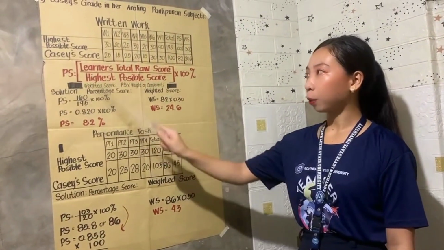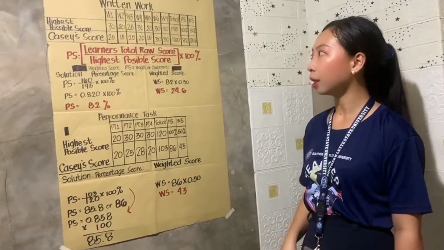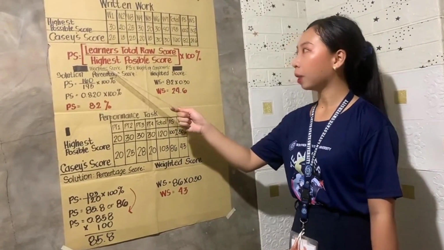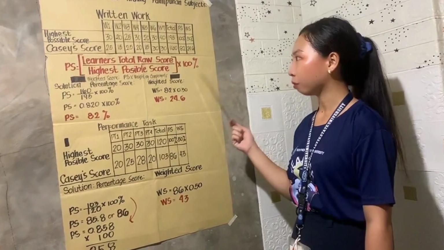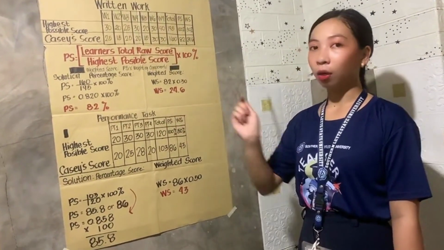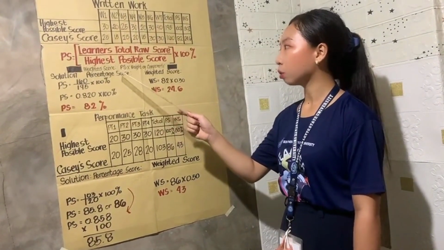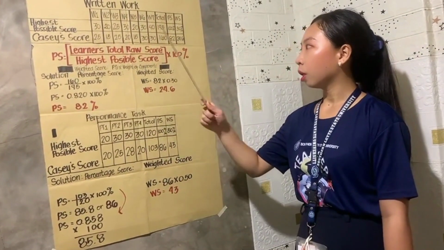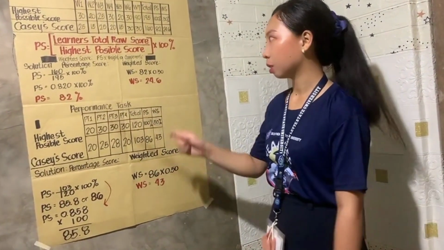In getting the percentage score, we're still going to use the same formula, which is learner's total raw score divided by highest possible score multiplied by 100. In calculating the weighted score, we're going to multiply the percentage score by the weight of the component.